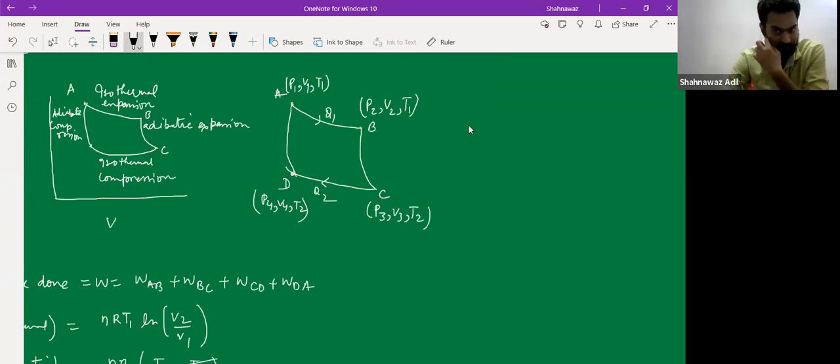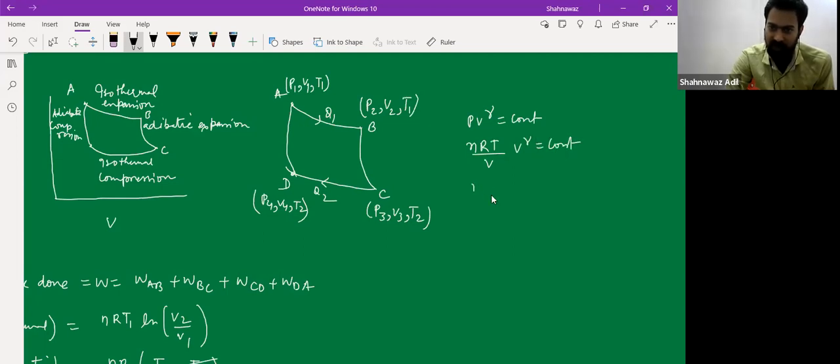So we know that PV^gamma is constant, or we can say that nRT by V times V^gamma is constant. So nRT V^(gamma minus 1) is constant. So we can say that TV^(gamma minus 1) is constant, right?